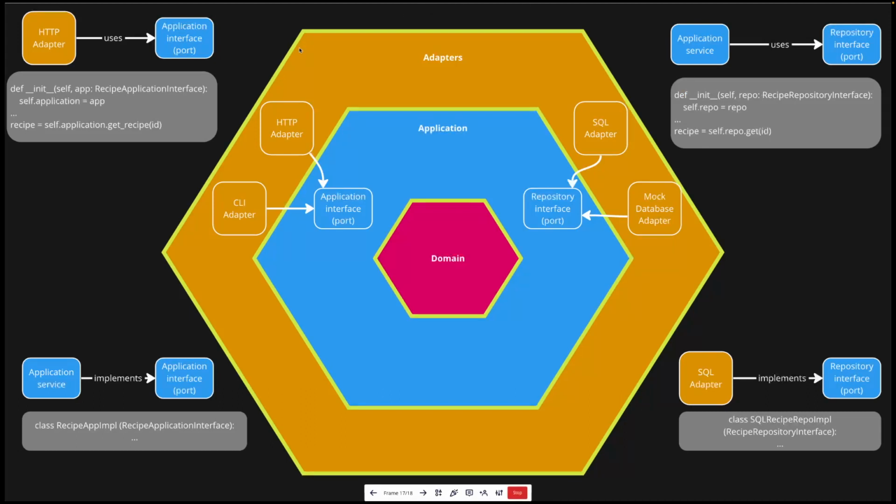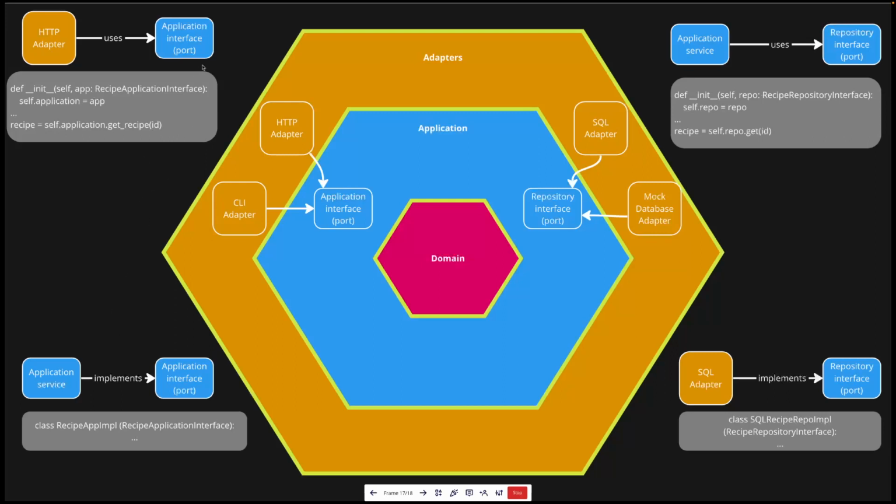So let's look at the left first. On one hand, in the top left, you see that the HTTP adapter, for example, uses the application interface. And I have, again, a small pseudocode snapshot where, in the adapter code, we receive the application interface, and we will later use it to get a recipe.